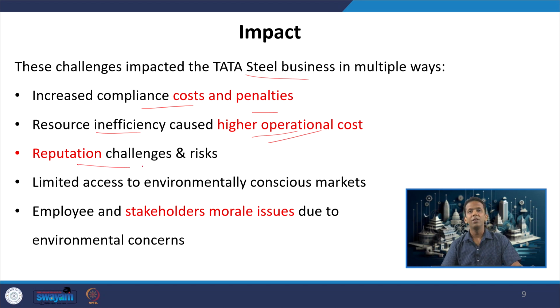The reputation challenges and risk. If there are environmental emissions, if there is a lot of smoke coming out of the chimney, that would lead to concerns amongst the community living nearby, and it may challenge the reputation of the company. Then limited access to environmentally conscious markets.